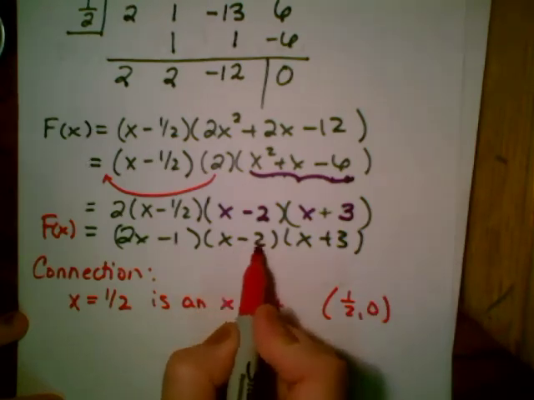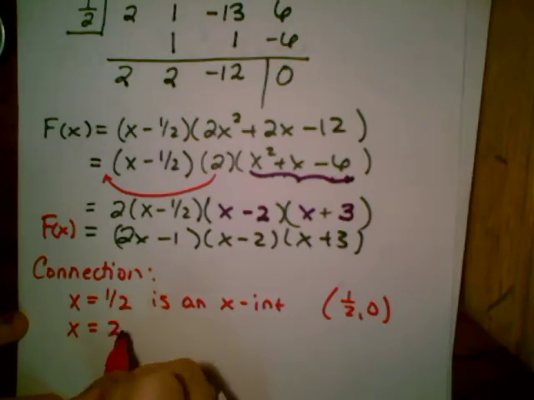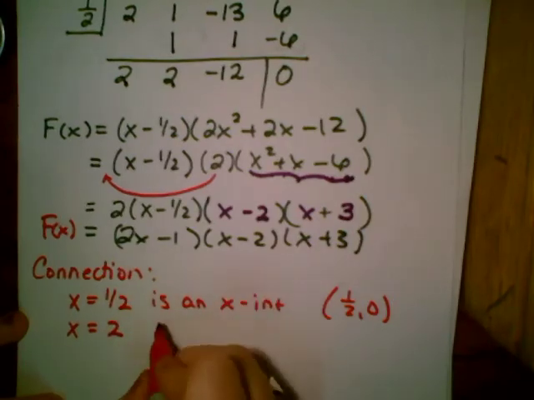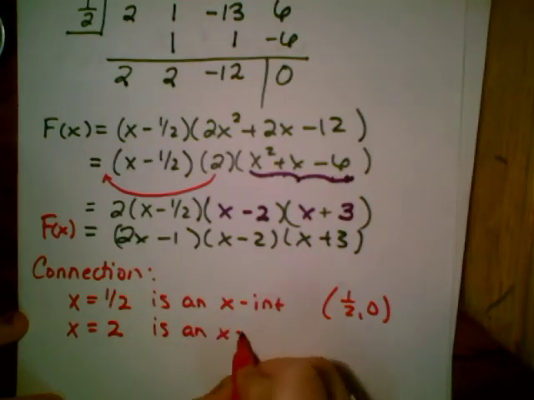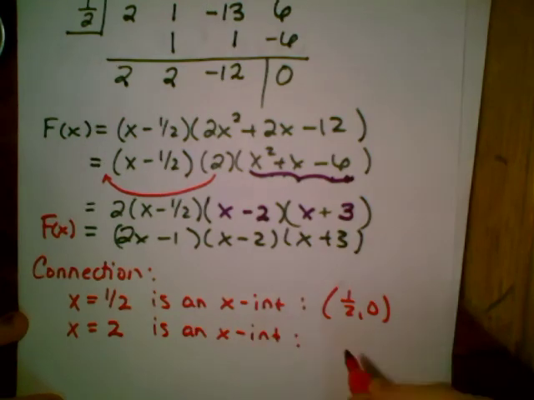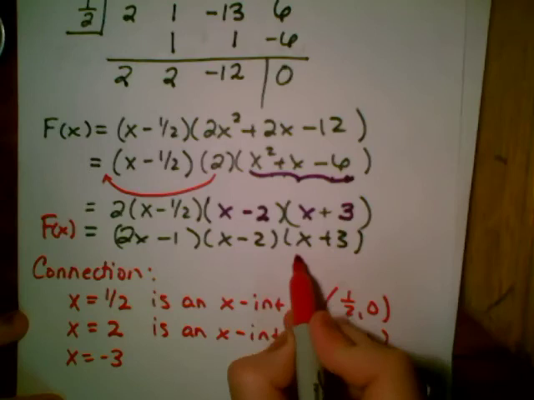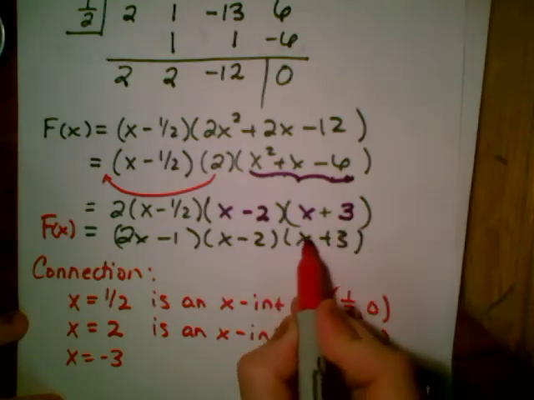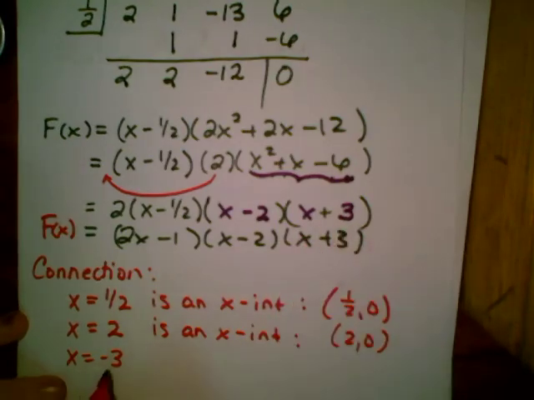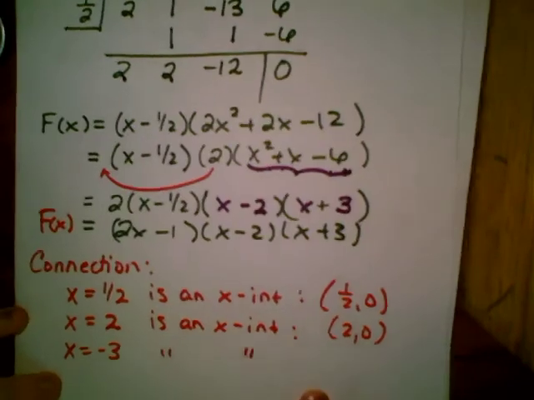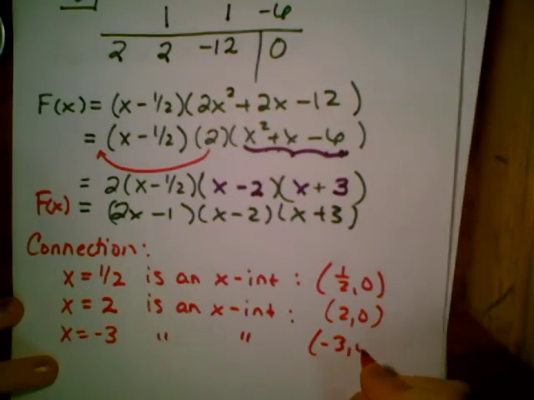Associated with the linear factor x minus 2, x equals 2 would be a 0 of the polynomial. So it's another x-intercept of the graph. We would write it as an ordered pair, 2, 0. And finally, looking at this last linear factor, what value of x makes this last factor 0? Well, negative 3. And so negative 3 is an x-intercept, and that would be plotted negative 3, 0.